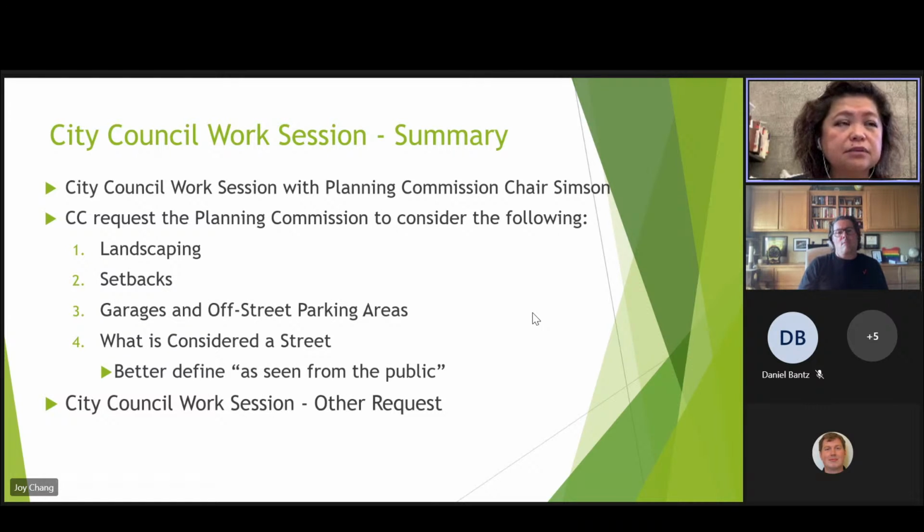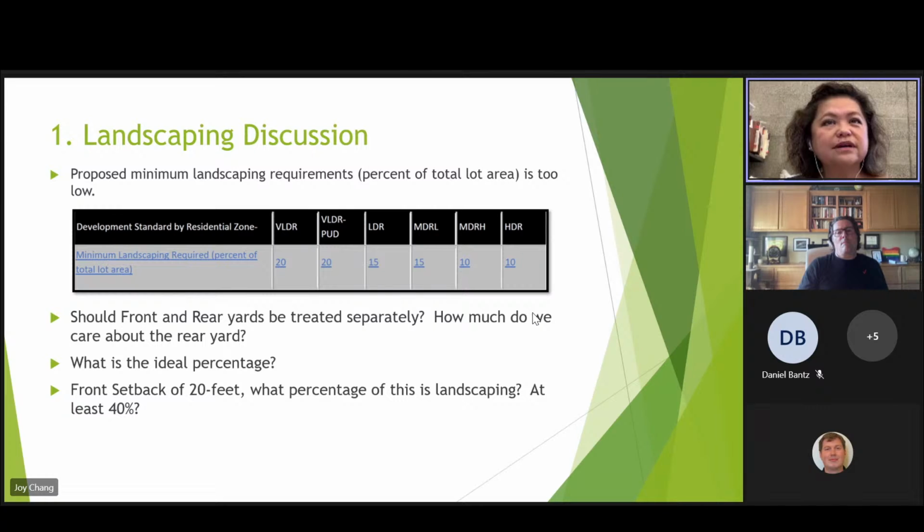They did ask the planning commission to consider the following: landscaping, setbacks, garages, and off-street parking areas, and also what is considered a street when considering elevation design element requirements. City council at the work session also had other requests. So let me just jump into these so we can get through my presentation.